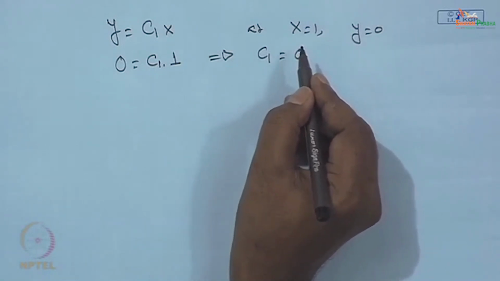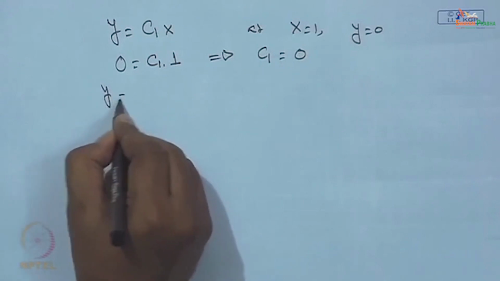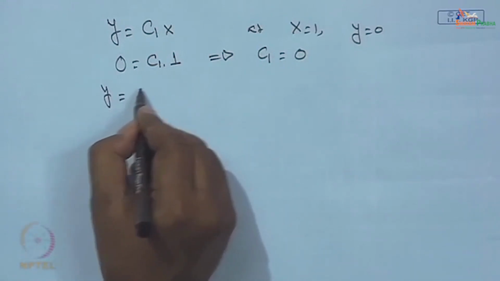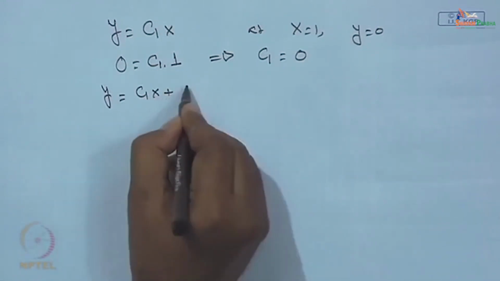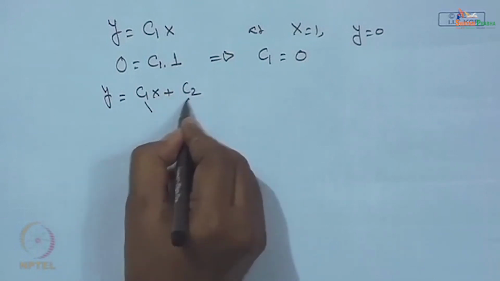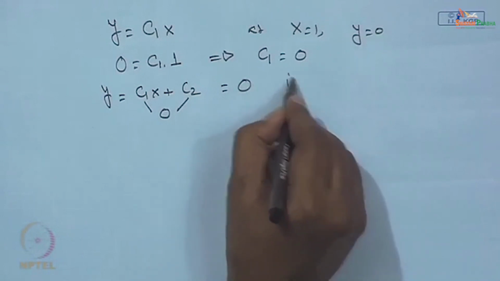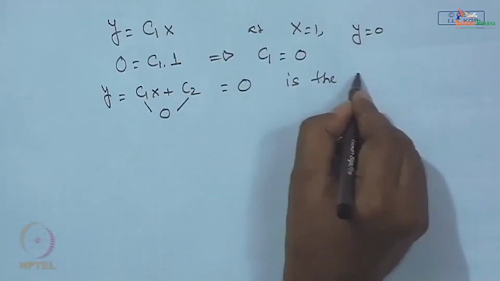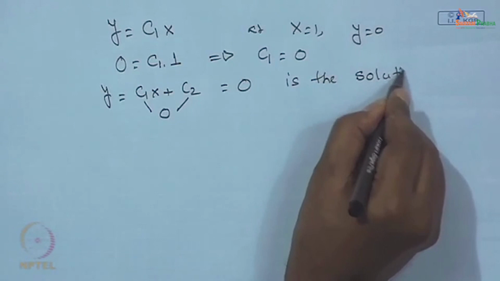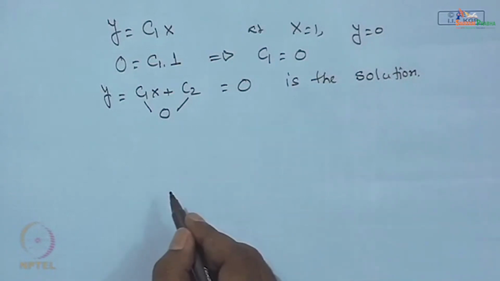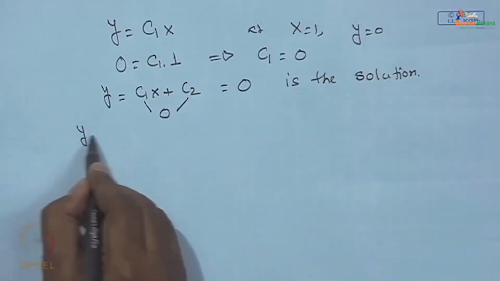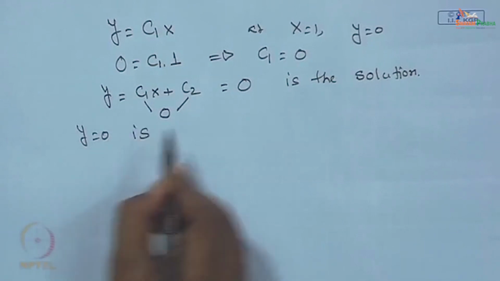So, if you look into the solution y equals C1 x plus C2, both C1 and C2 turn out to be 0. Therefore, y is equal to 0 is the solution that we are getting. But this solution is a trivial solution.